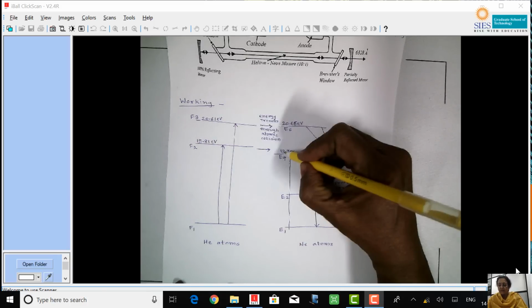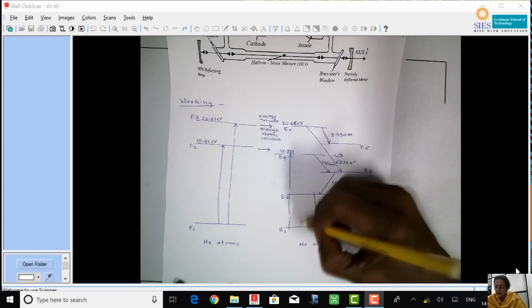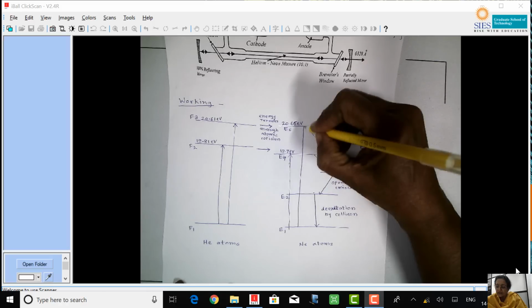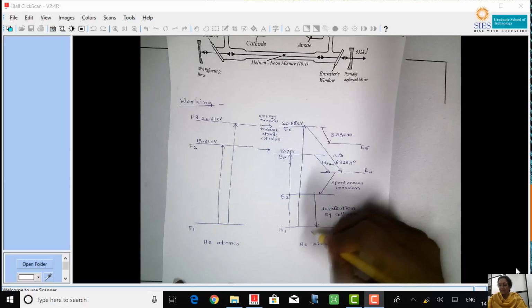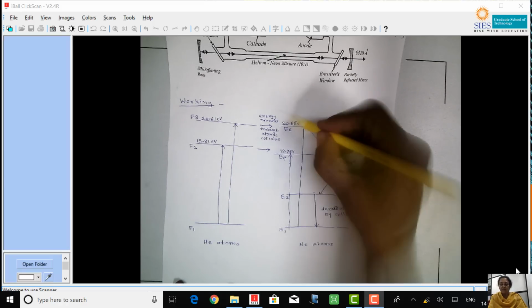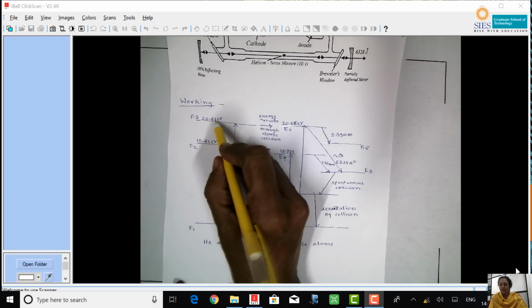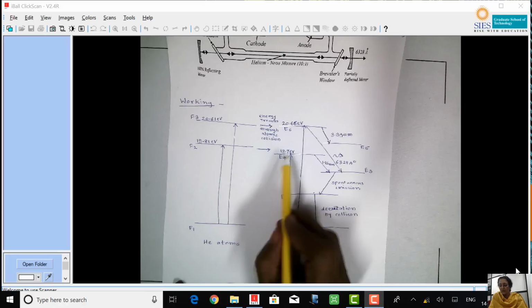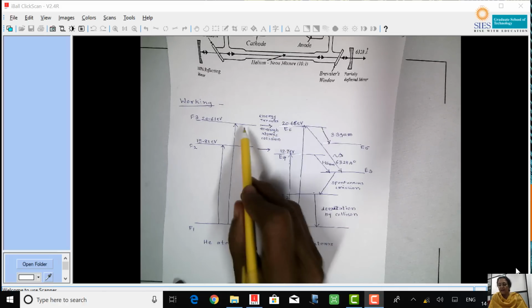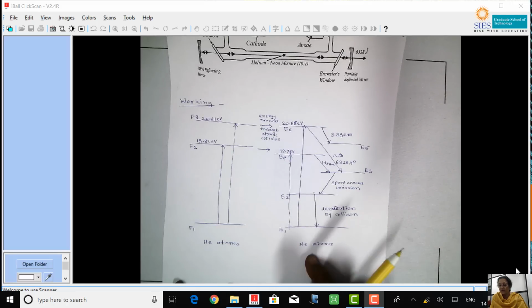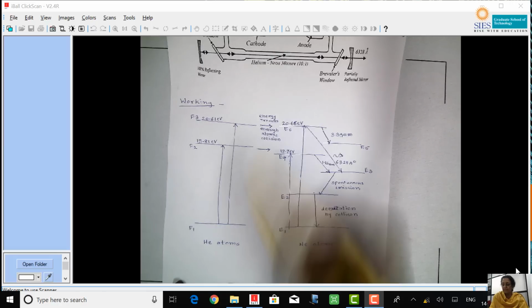So it is slightly below F2, and the other energy level E6 to which neon atom gets excited is 20.66, which is slightly above 20.61. Since these two energy levels of helium and neon are almost close to each other, that is why this combination of helium and neon is used in producing laser light.